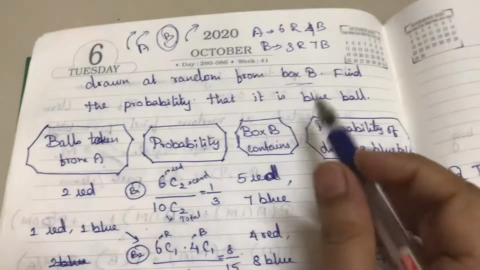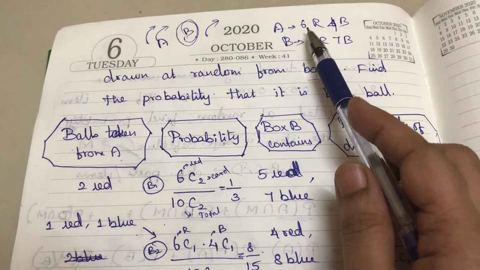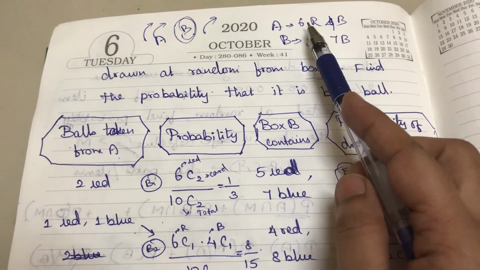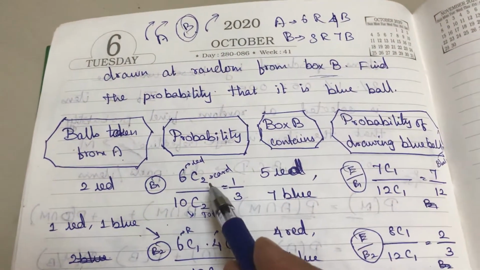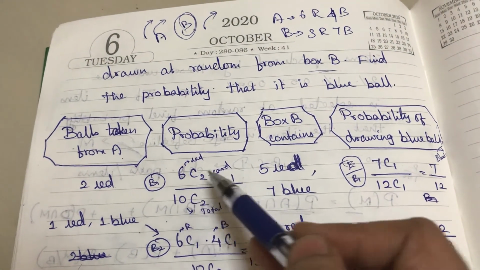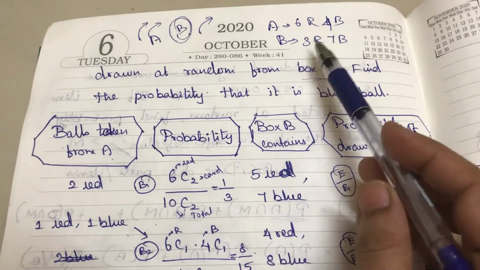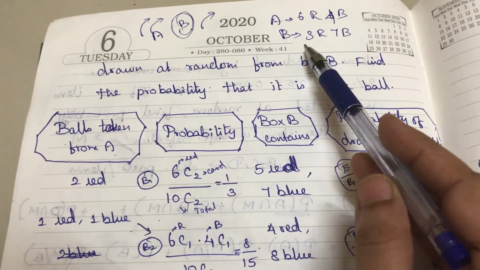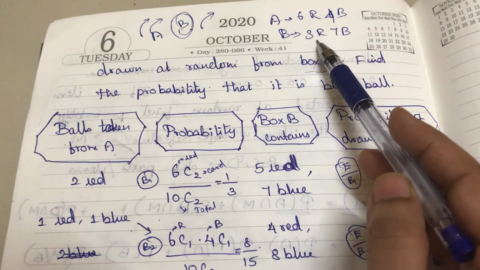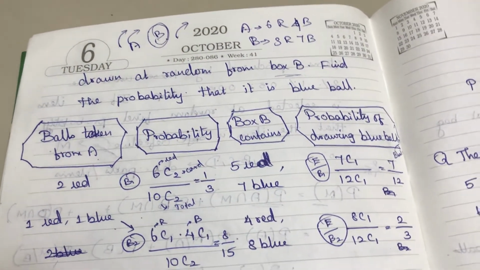So what is the probability that 2 balls are red? I can easily take the red balls here: 6 choose 2, where 2 is taken as the favorable case, by the total, 10 choose 2.